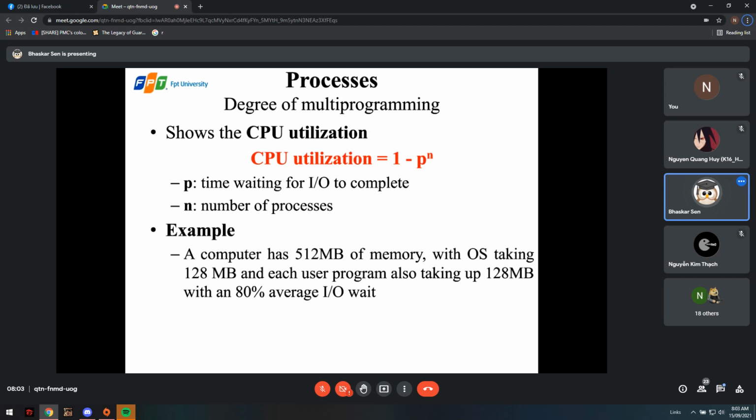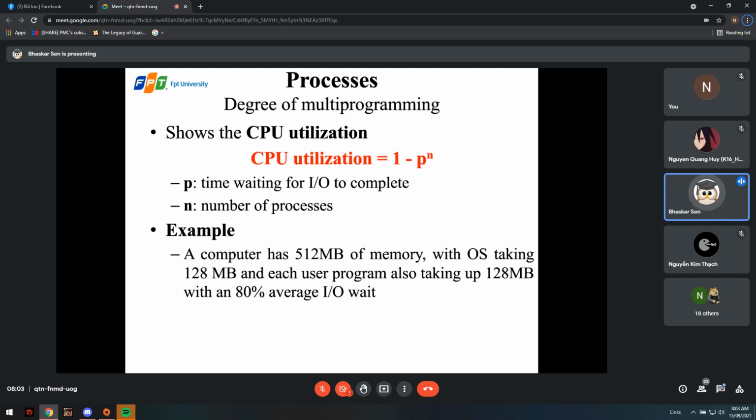What do they say? A computer has 512 MB of memory, with the OS taking 128 MB, and each user program also taking up 128 MB, with an 80% average I/O waiting time.